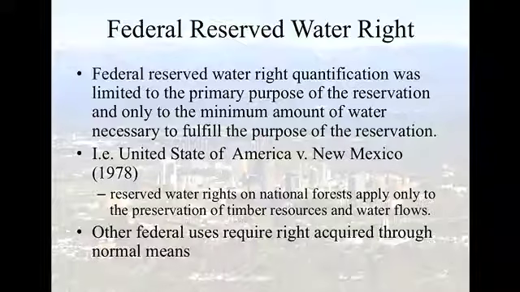If you have another federal use, you can't just rely on these Federal Reserve rights. So in California, for example, when we built Friant Dam on the San Joaquin River, the Bureau of Reclamation had to go out and get appropriative water rights for that dam, for all the water they were going to store there. And there's a lot of downstream folks who were using that water who were already appropriating it via pumps to pump into their field, or who were riparian right holders.